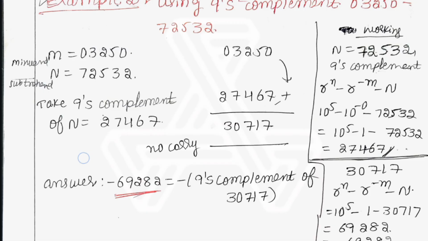For this we should add the minuend 3250, and we get 30717. There is no carry. We have to find again the 9's complement of 30717: 10 power 5 minus 1 minus 30717 gives 69282, so the answer is minus 69282.